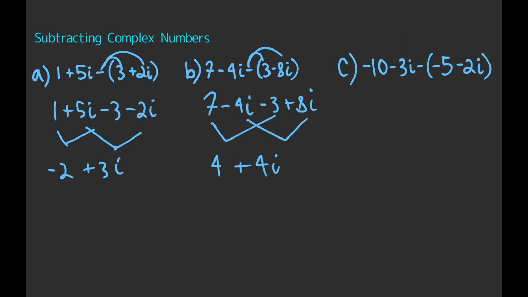On to example C. Again, we're going to start off by distributing our negative to the negative 5 and negative 2i. When we rewrite it, we will get negative 10 minus 3i plus 5 plus 2i. And we're going to combine our like terms, and we will get negative 5 minus i.